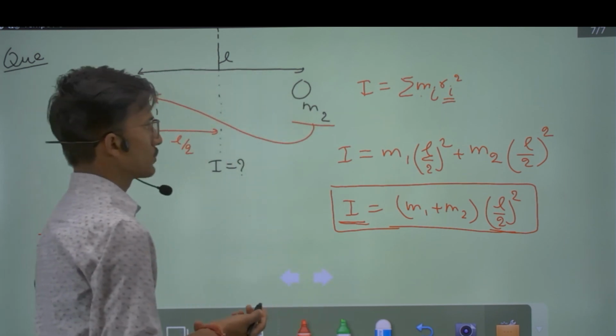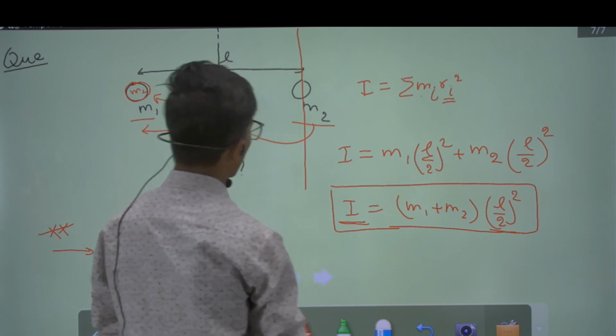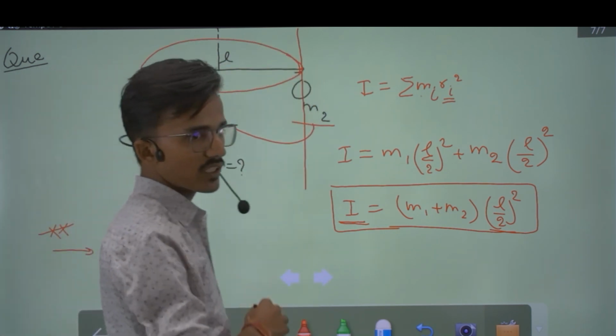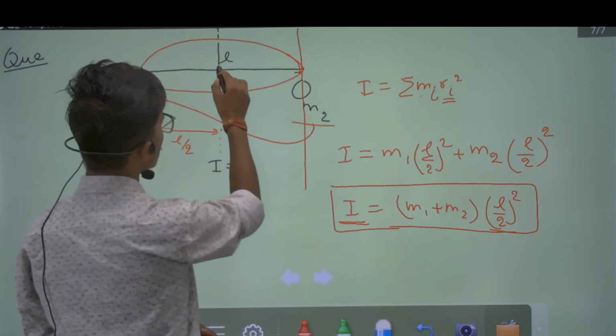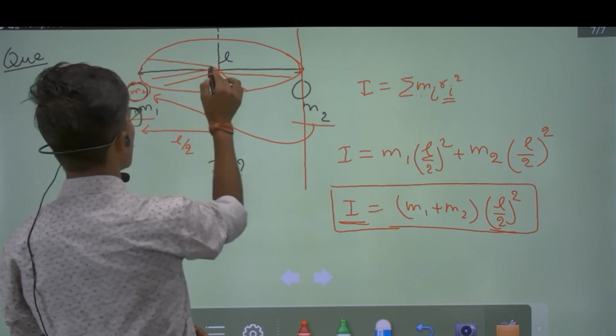Okay. So that's why you can move this m2 along the parallel axis anywhere you want, or in these circular paths anywhere you want, because the distance from this axis will be constant, right? This will be L by 2 at any point you go. This is the circular path.